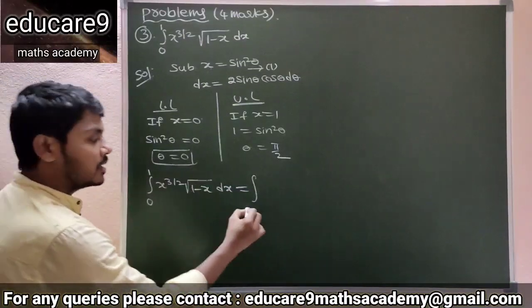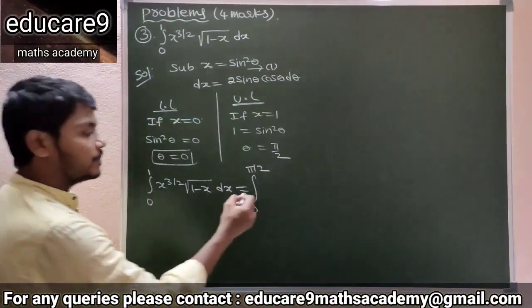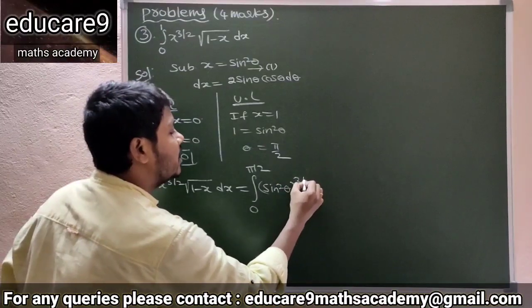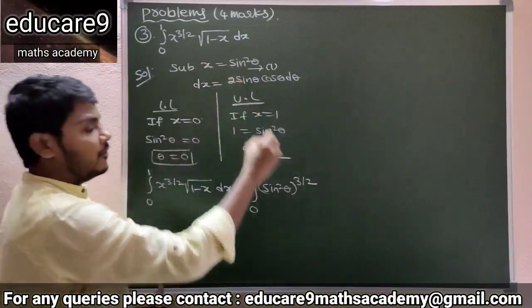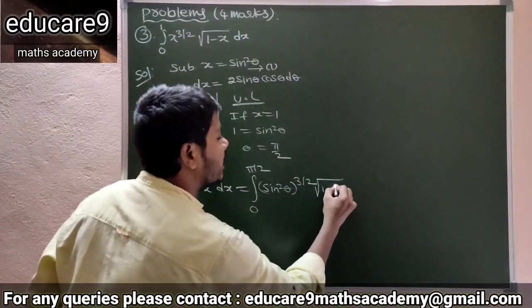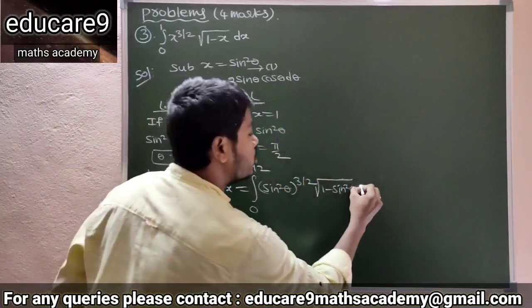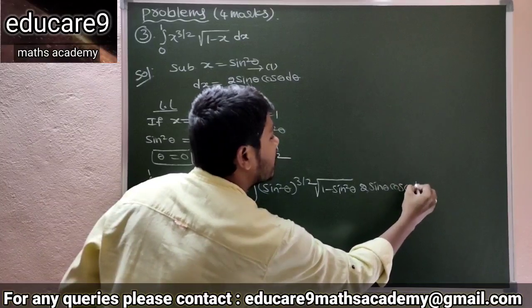So how to write this one? Integral lower limit 0, upper limit pi by 2, x to the power of 3 by 2, that is sin square theta whole to the power of 3 by 2, square root of 1 minus x, that is square root of 1 minus sin square theta, into dx value, that is 2 sin theta cos theta d theta.